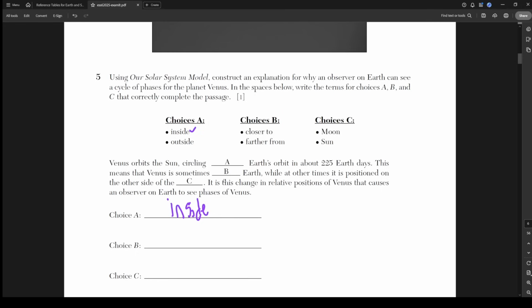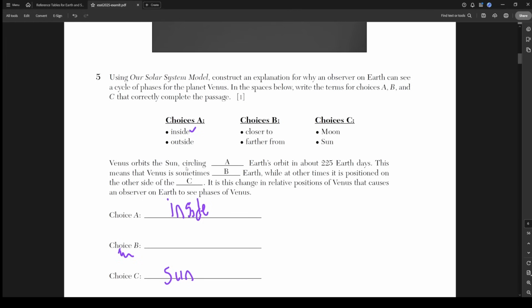Does it matter? All right, let's just get C then, and we'll come back to that. While at other times, it is positioned on the other side of the sun. Remember, the phases have to do with the sun. It is this change in position that causes an observer on Earth to see phases of Venus. So, why is this here?